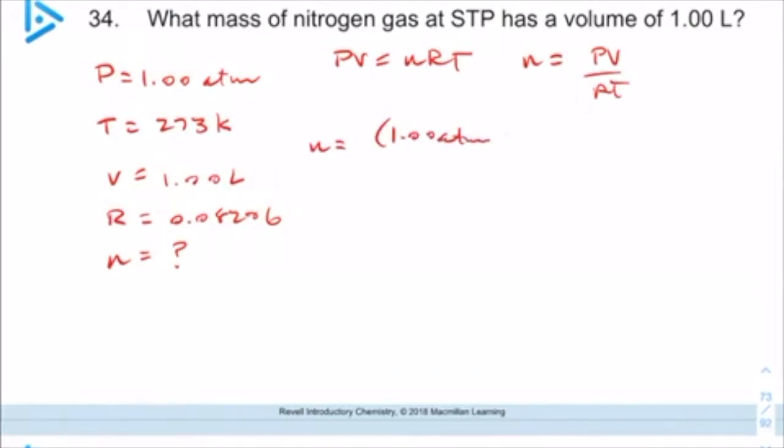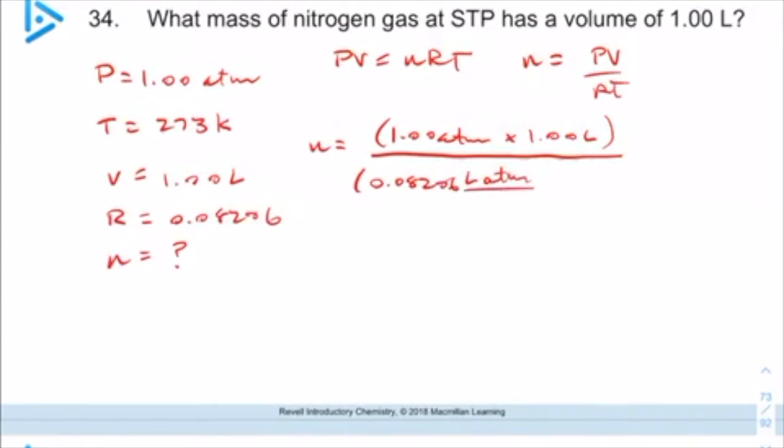So we'll have 1 atmosphere times 1 liter over R times the temperature, and we'll find that that is 4.464 times 10 to the minus 2 moles of N2.